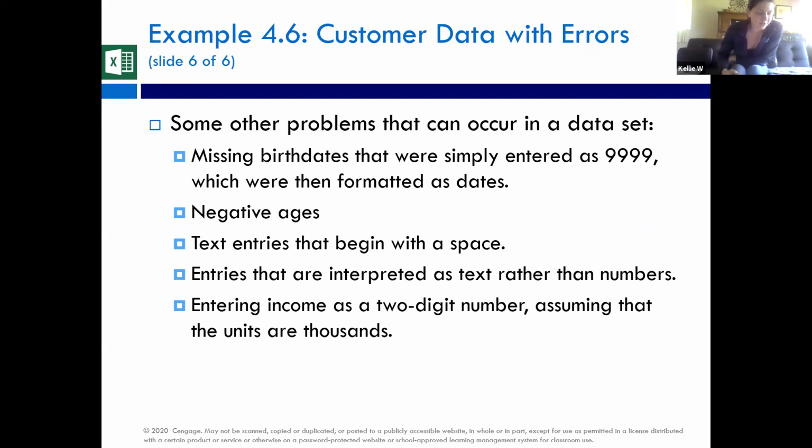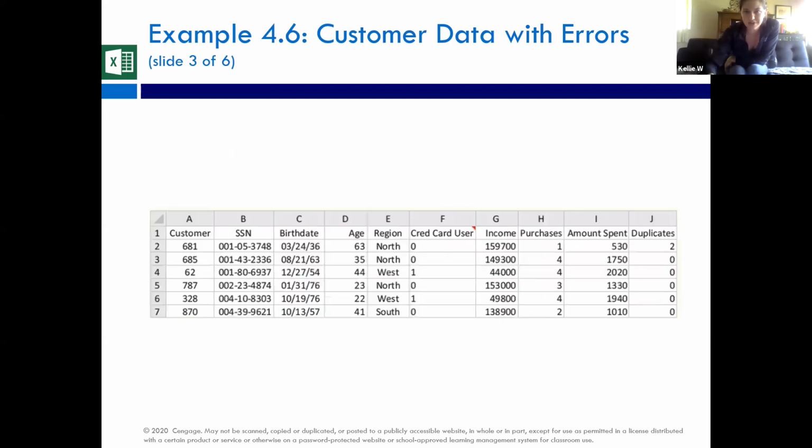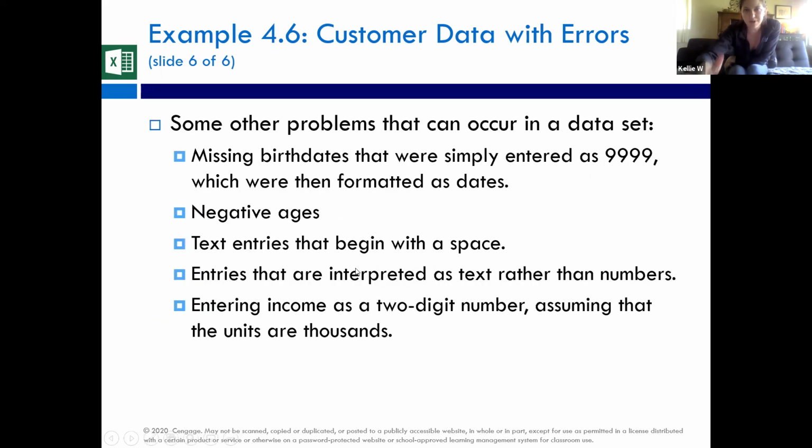One clue is that numbers should be right justified, but in this file they are left justified. See how purchases is right justified, but these are not. That's a big clue that this was converted to text instead of numbers. So look for those things.